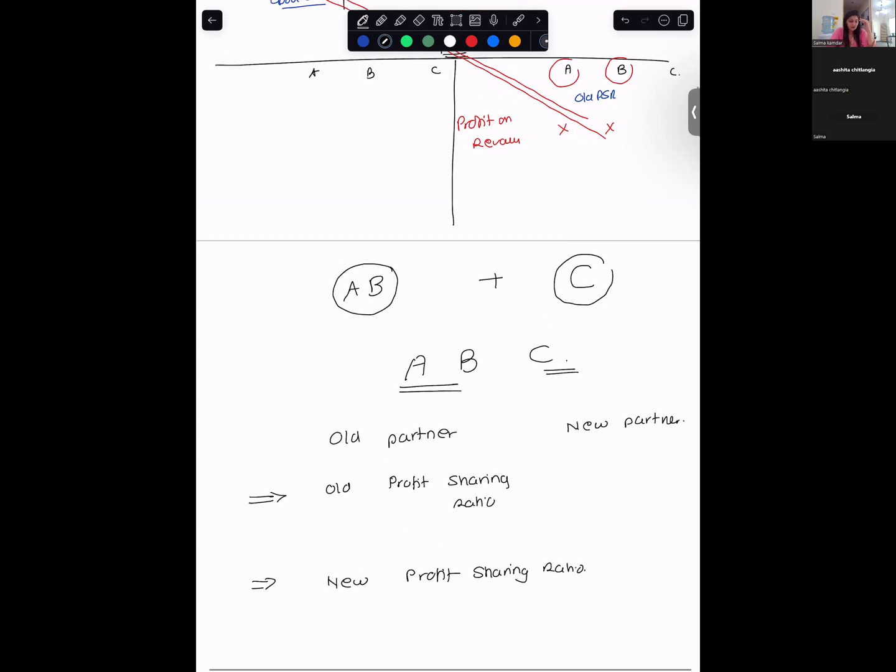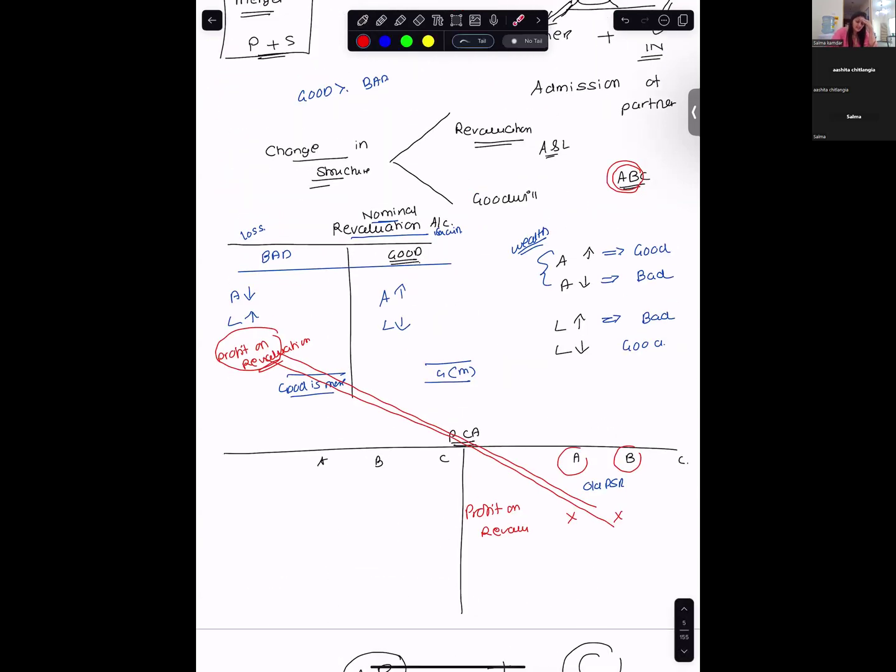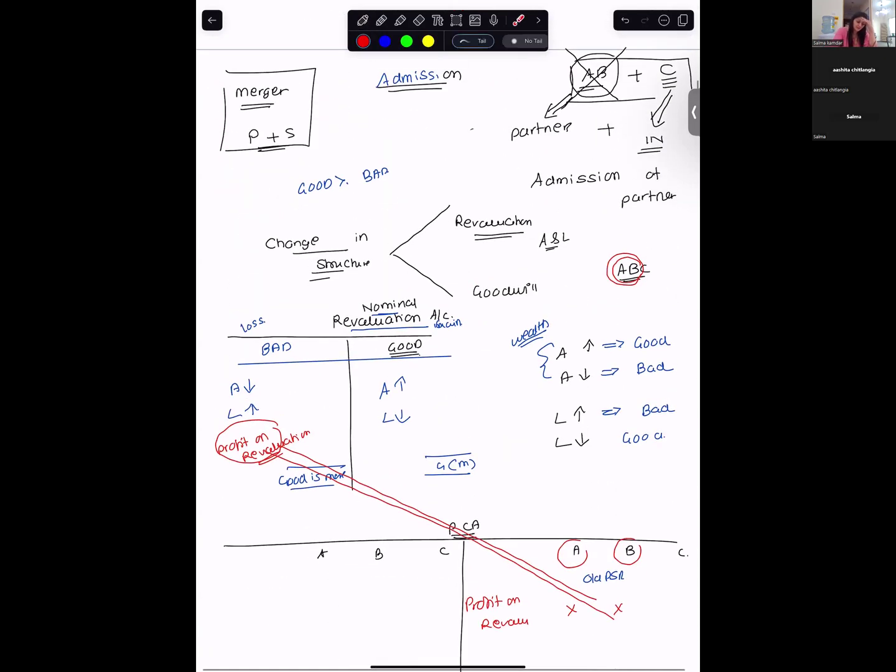So the assets and liabilities were revalued for whom? For A and B. It was happening in the revaluation account. All the good things happen here, all the bad things happen here.